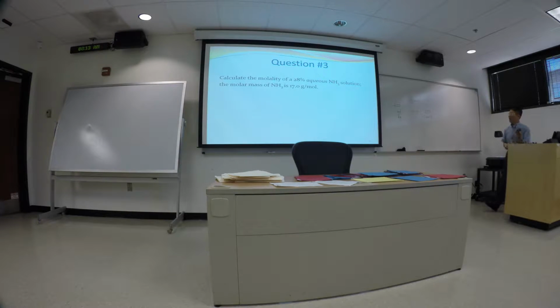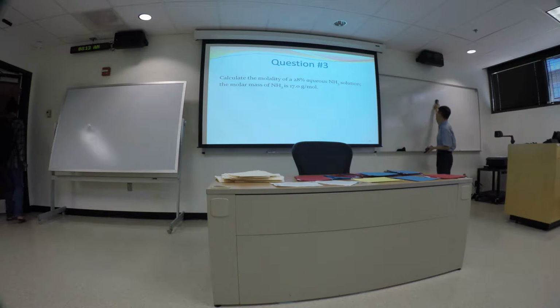Okay, and another type of question here, we can give you concentration in percentage. So we'll give you a percent concentration, and we can ask you to calculate the molality. Here's an example. If we ask you to figure out the molality of a 28% aqueous ammonia solution.